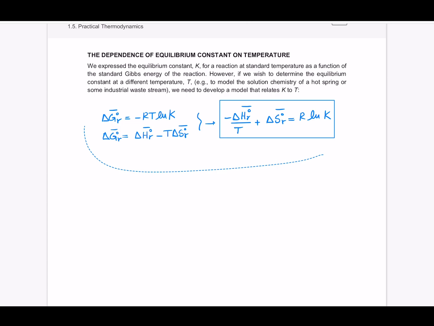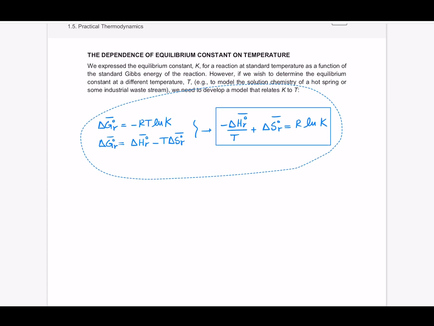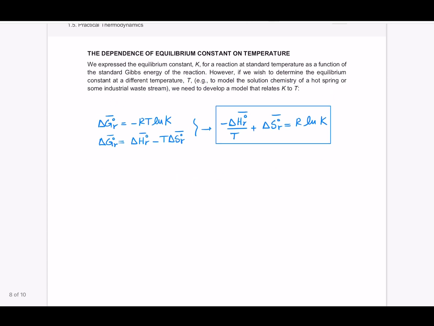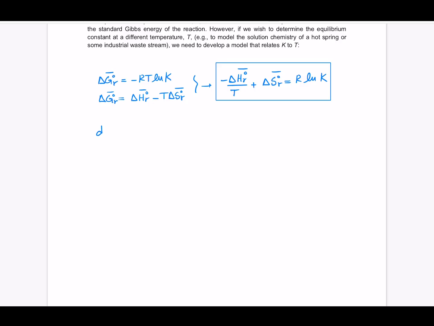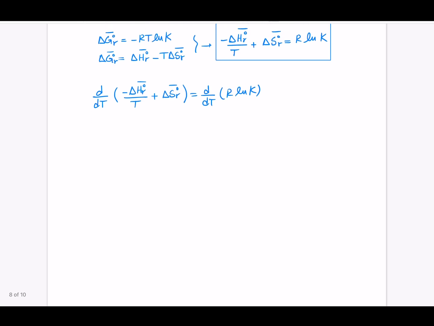So one trick would be to use the derivative, how the two sides are a function of temperature. So the derivative of these two sides, so d over dT of the left side, minus delta H R over T plus delta S R, and then d over dT of R ln K. Do a little bit of rearrangement.